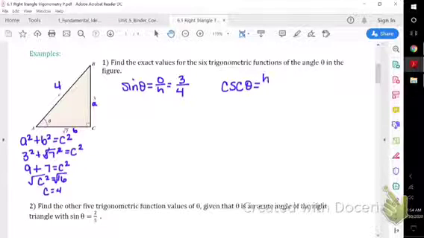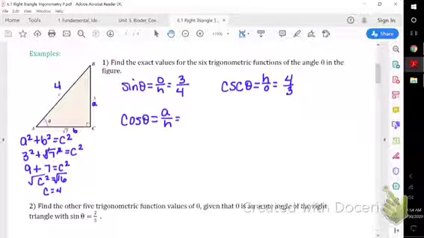So that means it's going to be hypotenuse over opposite. So it's going to be 4 over 3. And then cosine, CAH, so it's adjacent over hypotenuse. The adjacent is the square root of 7. The hypotenuse is 4. Can't simplify that any further.